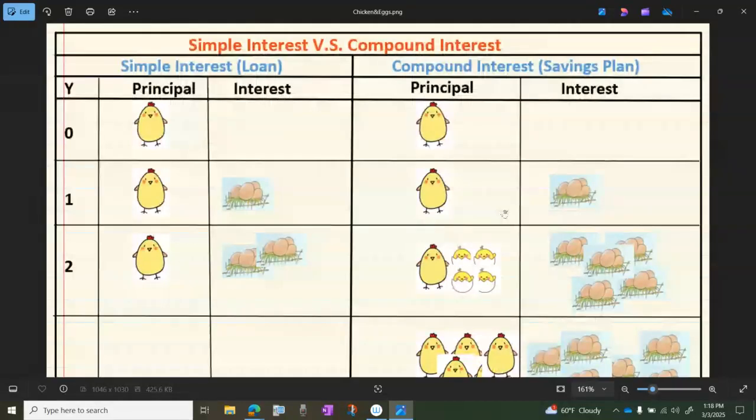Let me summarize. In the case of compound interest, your principal does not stay the same. Your principal changes. Your principal grows. Because every time you have an interest generated, the interest will join the principal and become part of the principal, making the amount of principal bigger. And a bigger principal will give you more interest.